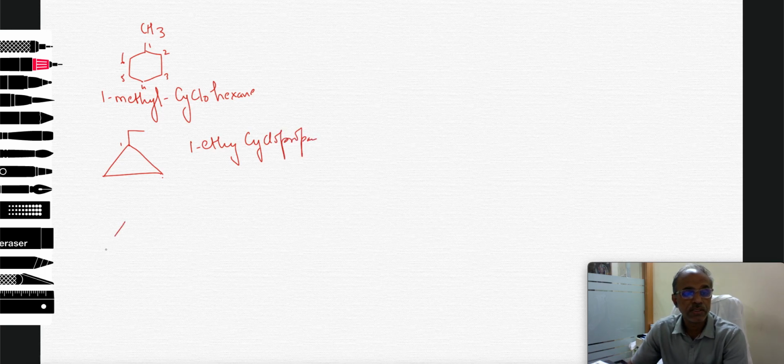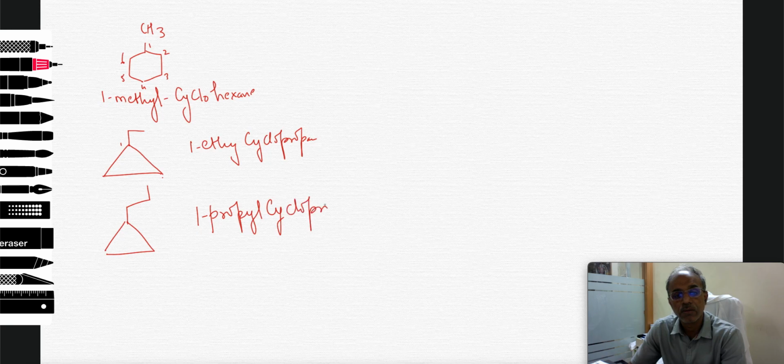Similarly, it will be 1-propyl. Similarly, if I take this, up till now we saw 1, 2 and 3.